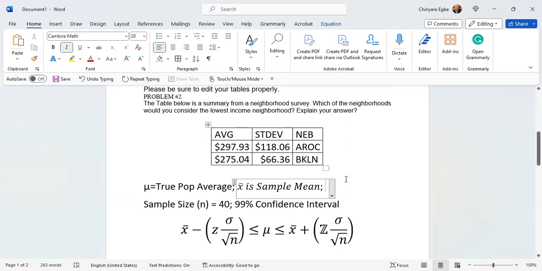All right, so our calculations are going to be based on the normal distribution.